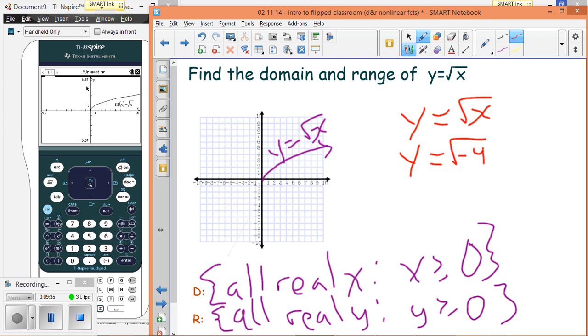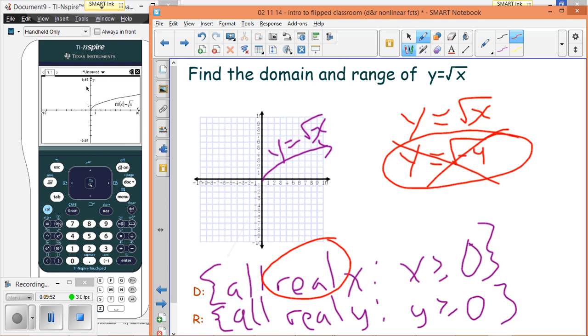Well, the square root of a negative number is the only thing, if you remember, that makes a number not real, or imaginary. Okay? So we cannot get a real number that is the square root of a negative number. So this is an imaginary number, and we're talking about real numbers when we're talking about domain and range, and so we cannot get that. And a similar argument would hold for y, which we're not going to do right now.